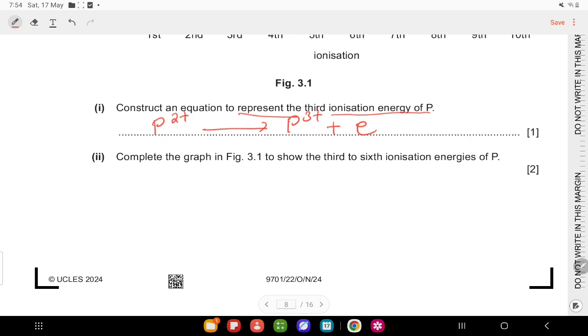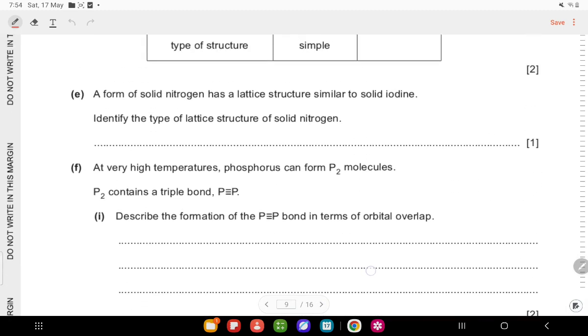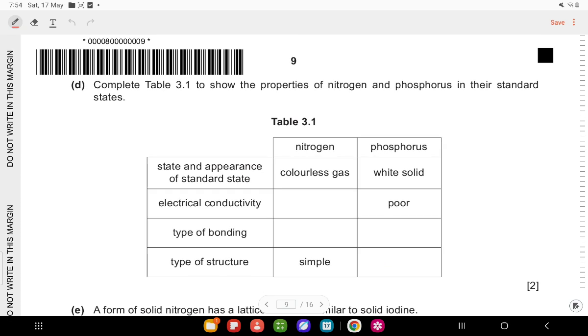Complete the graph in figure 3.1 to show the third to sixth ionization energy of phosphorus. Complete table 3.1 to show the properties of nitrogen and phosphorus in their standard states. Electrical conductivity, poor.